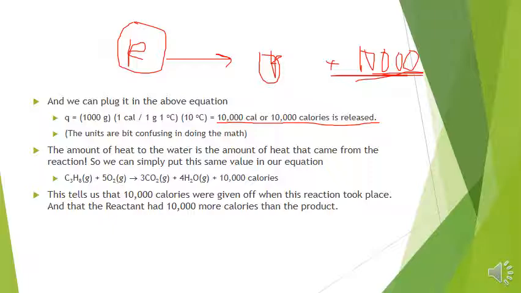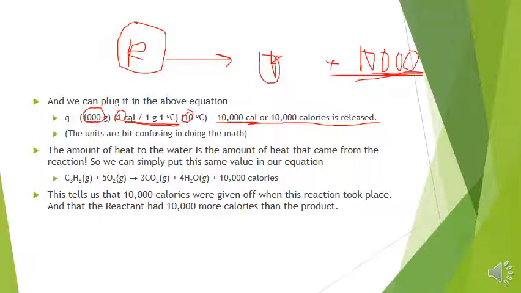Just know that if you're using this, all the units are the same: grams, calories, and Celsius. You don't have to worry about the units as long as you set the equation up right. So it's mass 1,000 times 1 times 10, so 1,000 times 10 is 10,000. And the units for heat are always going to be calories when we do this for now.